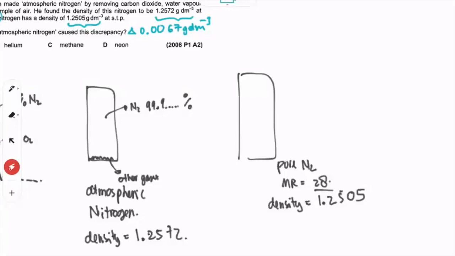Argon is 1%. And people get argon by fractional distillation of air. You get liquid nitrogen, liquid oxygen, then you get argon.